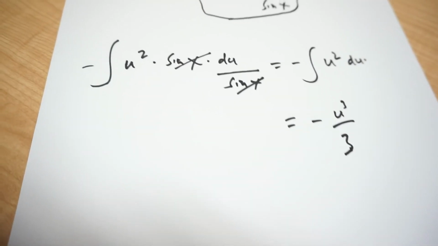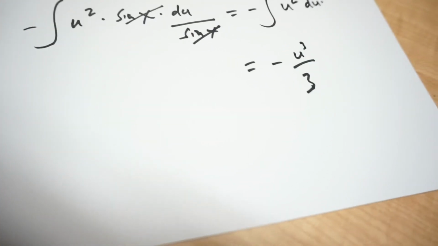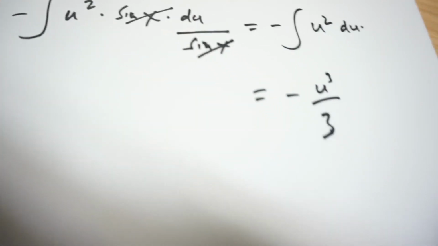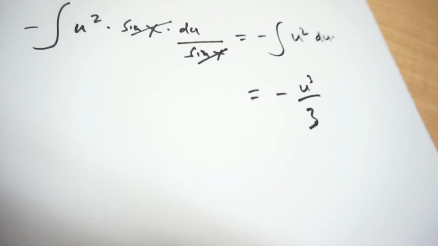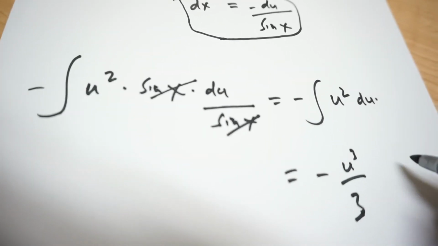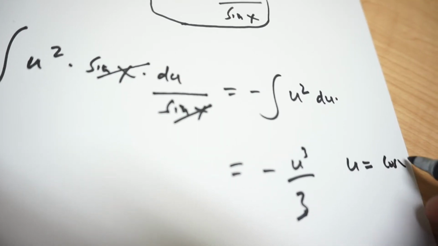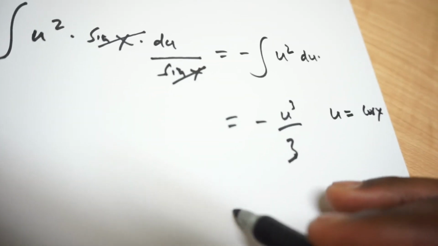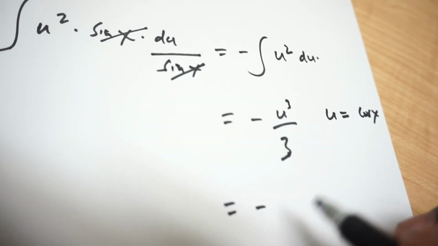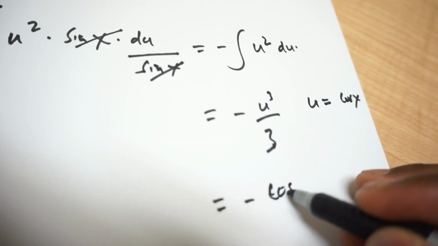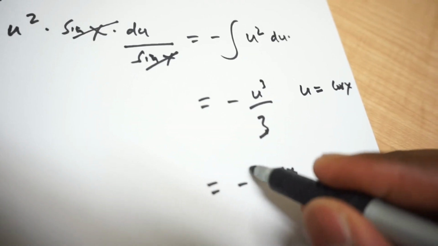Alright? Cool, but are we done yet? No. Always remember, you gotta put back the u in terms of x, okay? So our u initially, we'll let it be cosine of x, okay? So plug it back right in there. So you're just gonna have negative cosine x, but it's a cube now, okay?